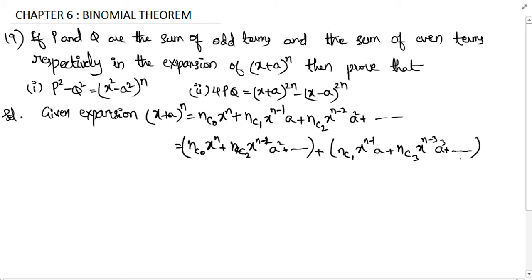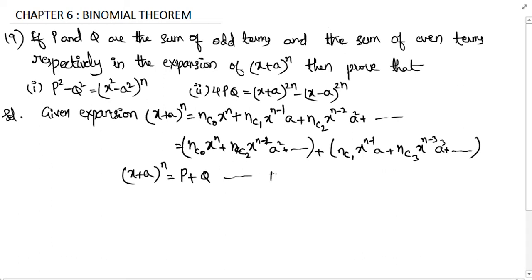I'm taking all the odd terms on one side and even terms on the other. So (x plus a)^n is equal to p plus q, because it's given in the question that p is the sum of odd terms and q is the sum of even terms.